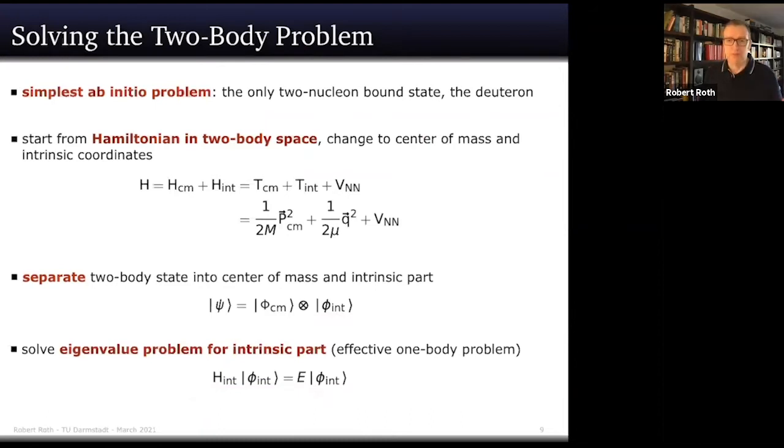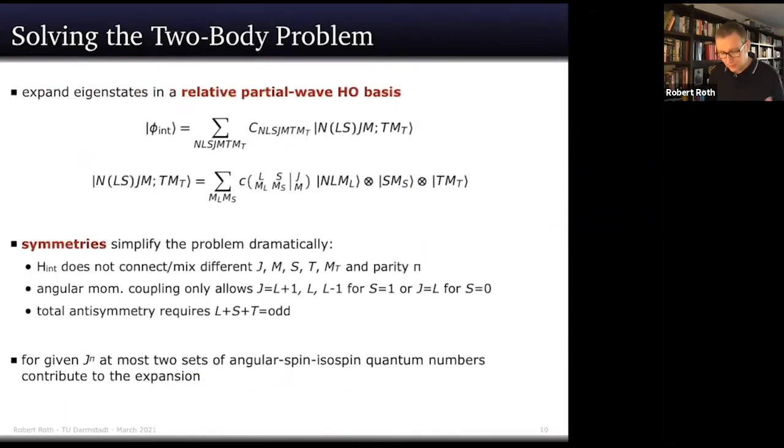And this is simple because after separating the center of mass piece, and you know this from classical mechanics where you do that all the time for a Kepler type problem, for example, it boils down to an effective one-body problem. You only have one coordinate in the game, and that's the relative coordinate, the distance between the two nucleons. So therefore, this is simple to do.